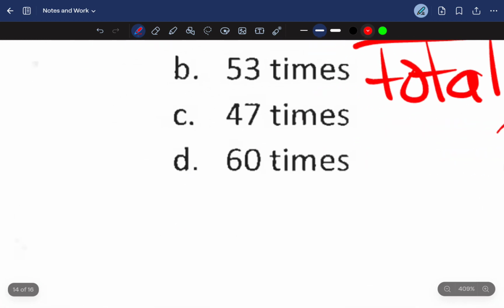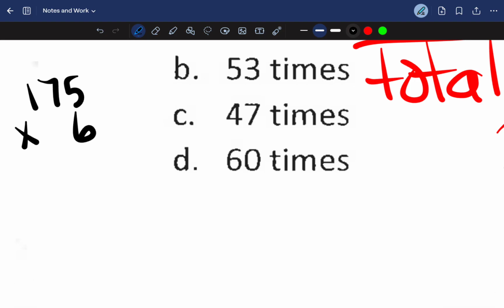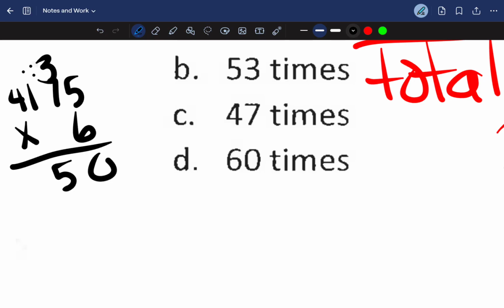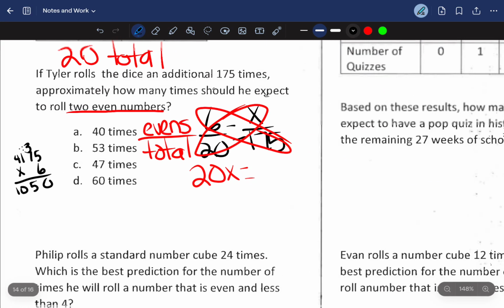So I'm going to zoom in because I need space. 175 times 6. So that gives me 30, carry my 3, 42, 43, 44, 45. So 5, carry the 4. And then 6, 7, 8, 9, 10. So I get 1050. So 20x equals 1050.